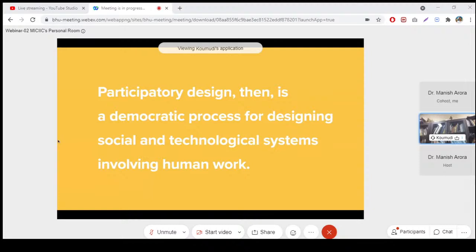Therefore, the influence of participatory design on contemporary user-centered methods is most prominently identified in the attempt to develop empathy with the user. Participatory design, then, is a democratic process for designing social and technological systems involving human work.